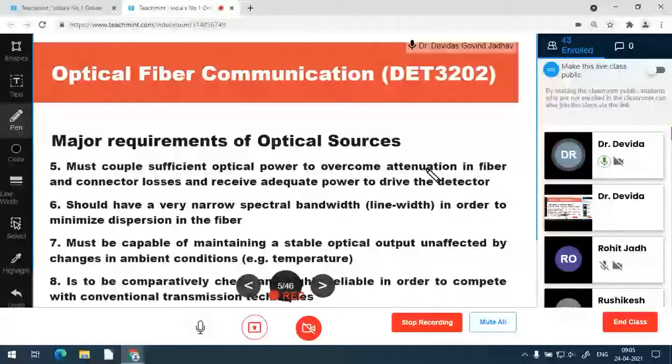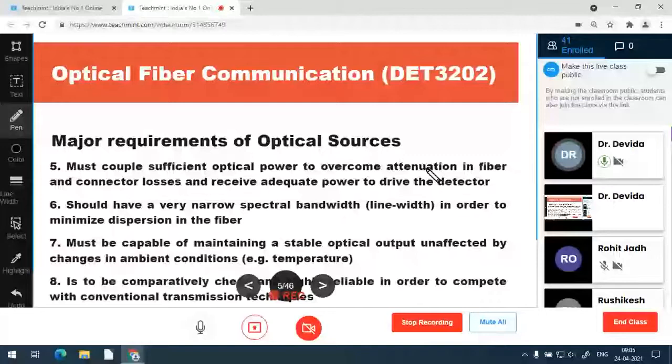Also, continuing the major requirements of the source: the source must couple sufficient optical power to overcome attenuation in the fiber and connectors and deliver adequate power to the detector. Whenever the source launches optical power, it gets attenuated over the fiber, as we have seen in the problem solving and in the theory also.